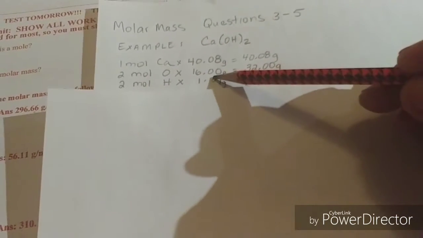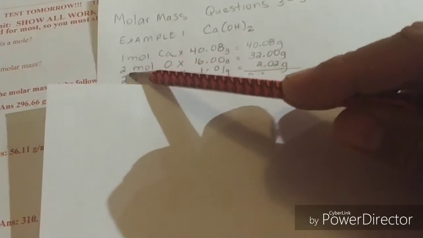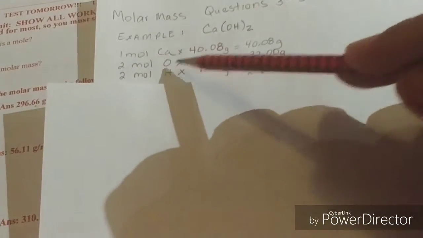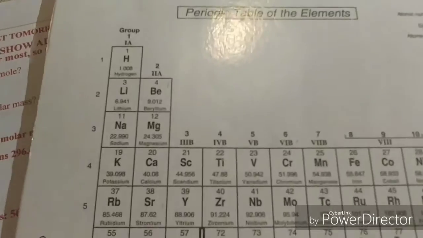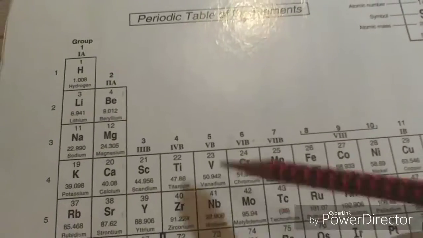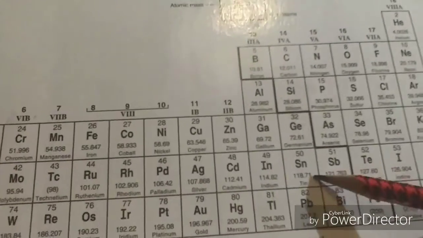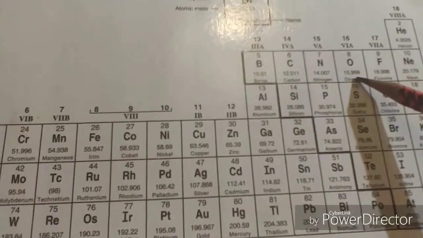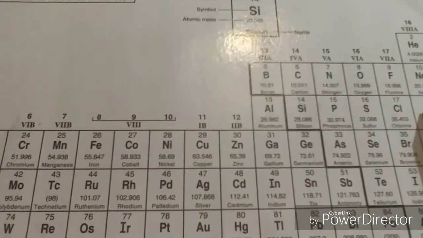Okay. Once you have that, you're going to multiply every single mole for that element by the mass or atomic mass in the periodic table. So just to show you, calcium, if we look it up, it's 40.08. Oxygen, you're going to find it's 15.999, which I went ahead and rounded to 16.